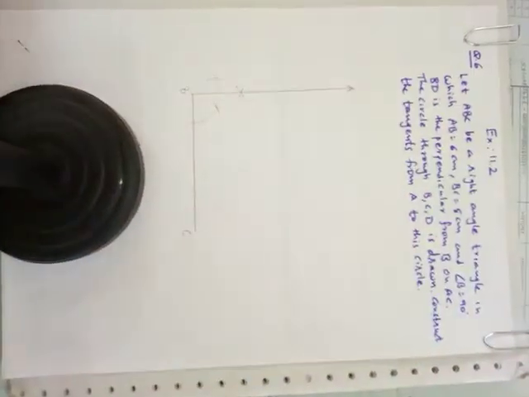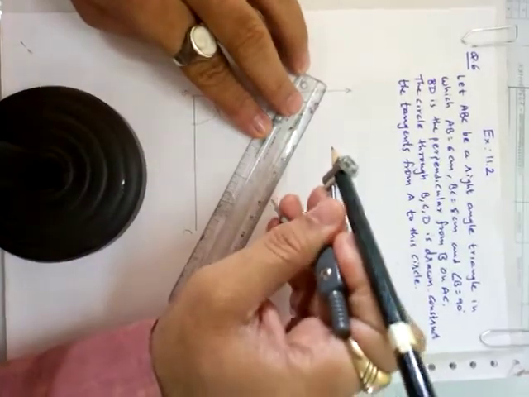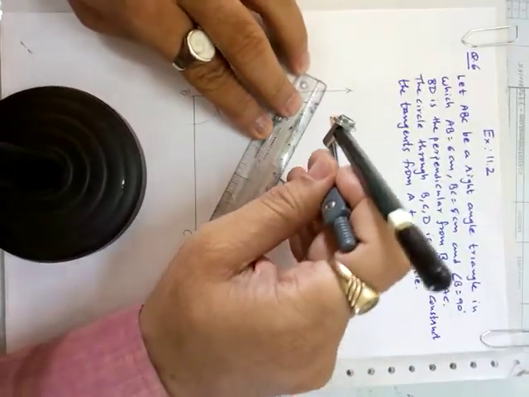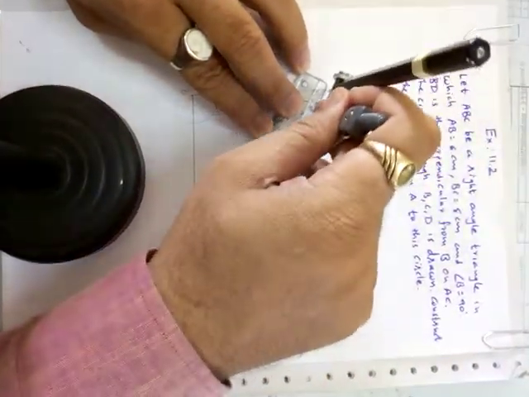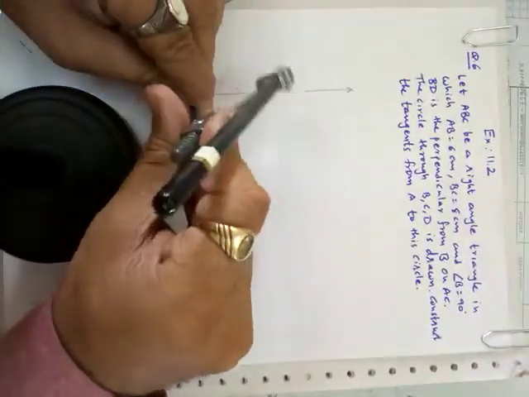For AB it is 6 cm, so we are taking an arc of 6 cm from B. So this is our missing point A.